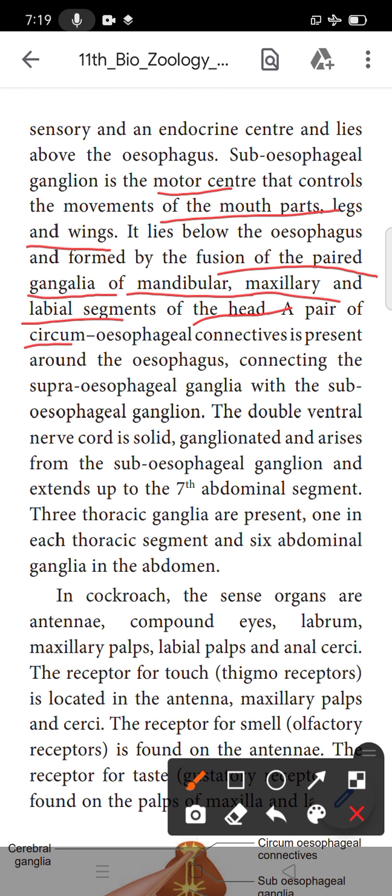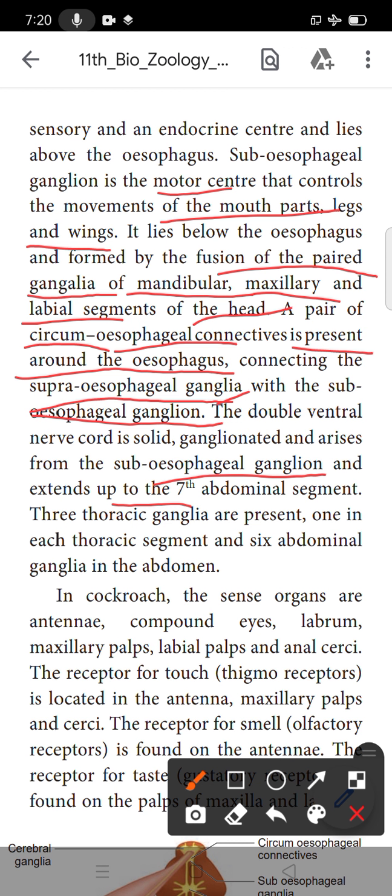The pair of circumesophageal connectives is present around the esophagus, connecting the supraesophageal ganglion with the subesophageal ganglion. The double ventral nerve cord is solid and ganglionated, arises from the subesophageal ganglion and extends up to the seventh abdominal segment.